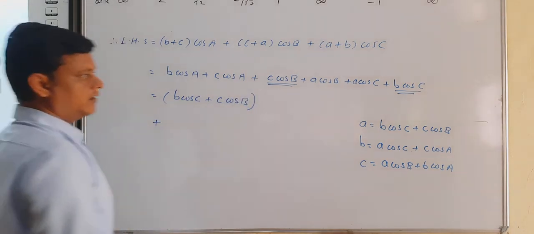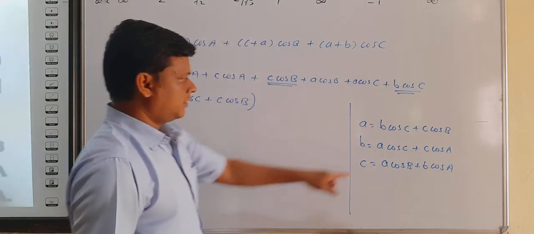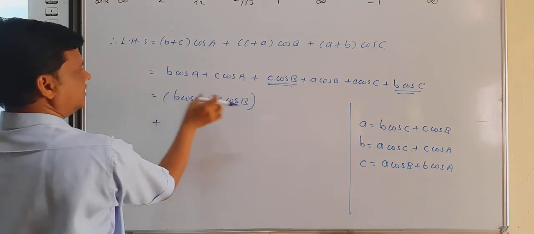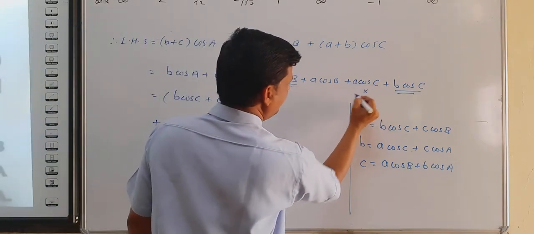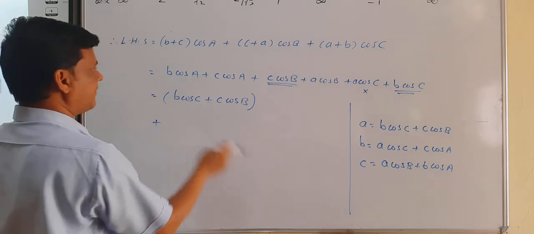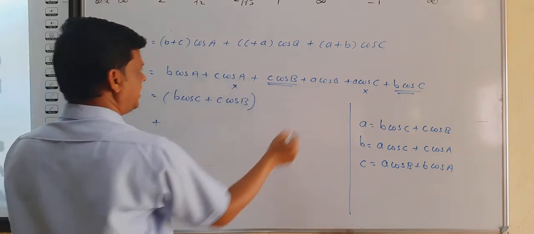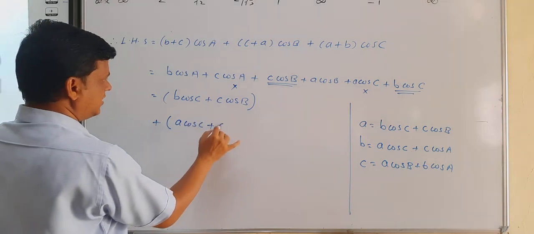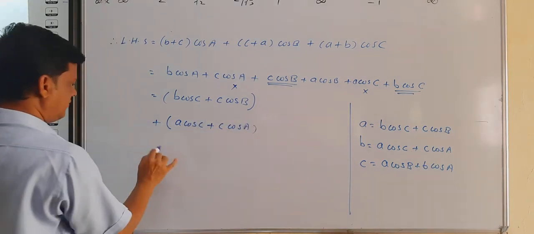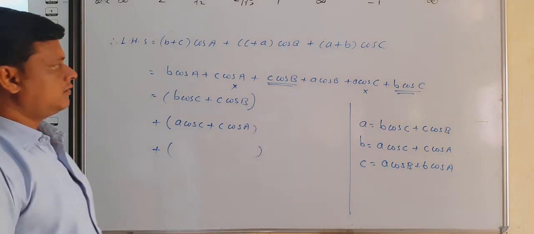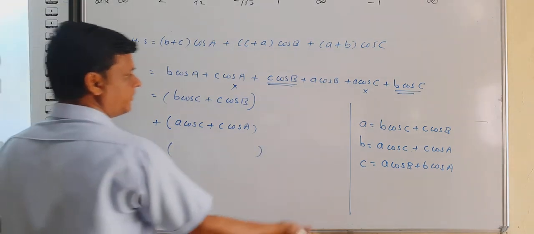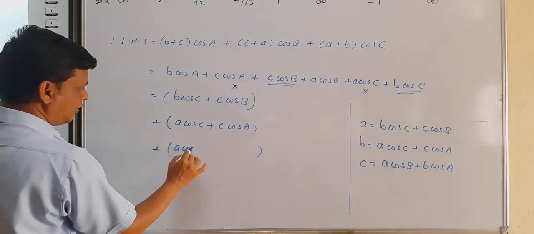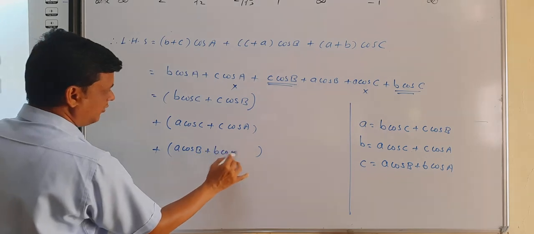Now we find the next value, a cos C plus c cos A. Here a cos C, then c cos A, so we write these two terms in one bracket, a cos C plus c cos A. Now see the third: the remaining terms we write in one bracket, that is a cos B plus b cos A.